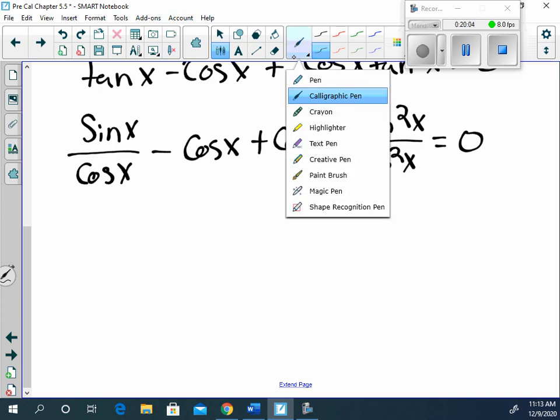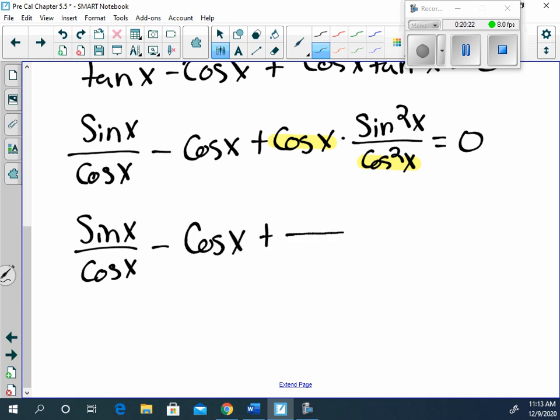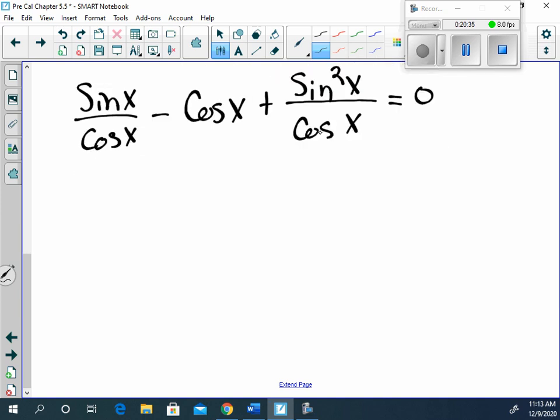Now, one thing that we hopefully notice is that we have cosine and cosine here. So sine over cosine here is not going to change. But this here is going to cancel out with one of these here, giving us sine squared of x over... well, we do have two fractions again, yes?